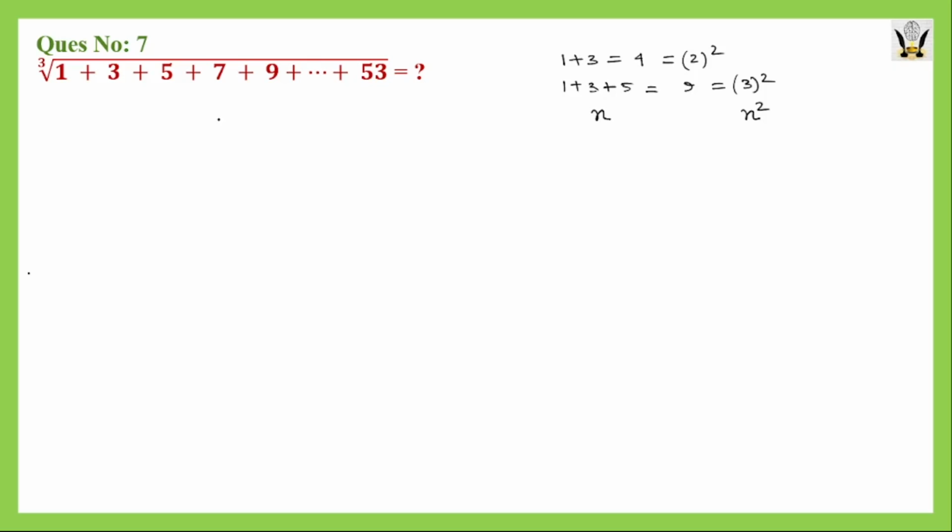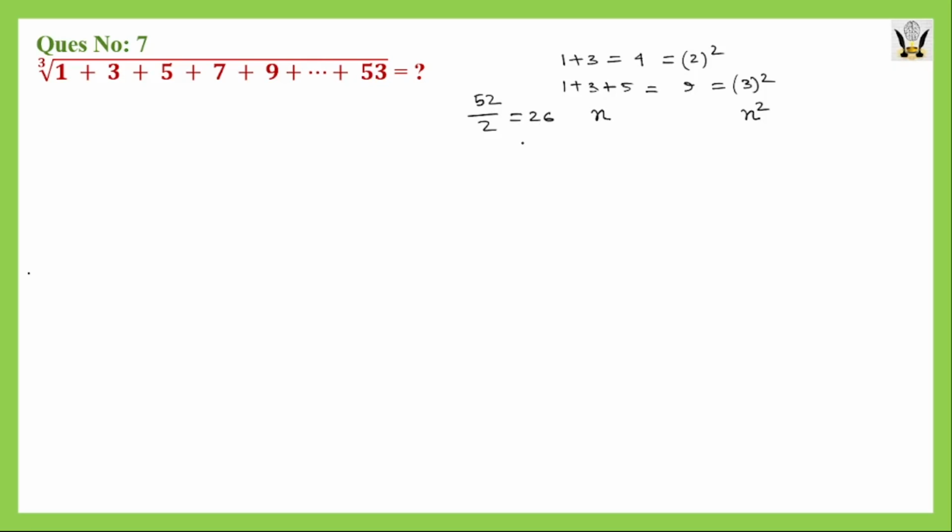So if we now look at the values, it is from 1 to 53. We don't know how many odd natural numbers we have, but if we consider 1 to 52, within that range we have half odd numbers and half even numbers. So 52 divided by 2 is how much?